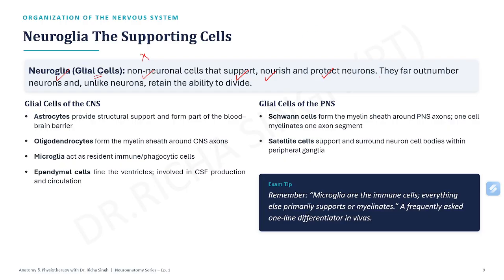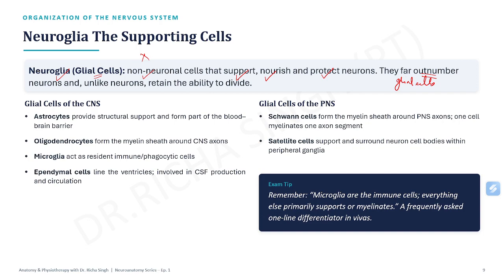The glial cells, or neuroglial cells, outnumber neurons, meaning they are present far more in number than the neurons. One neuron may require a lot of glial cells to take care of and repair it, because neurons themselves are in millions and trillions.